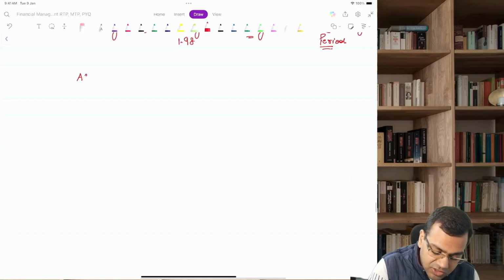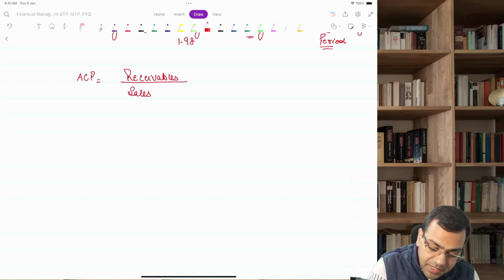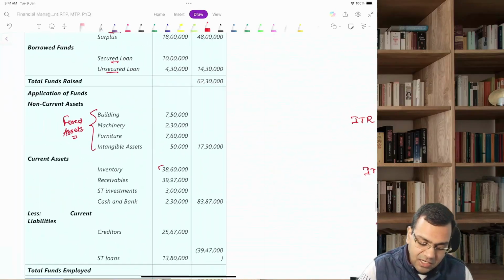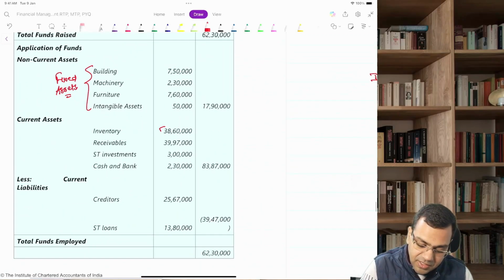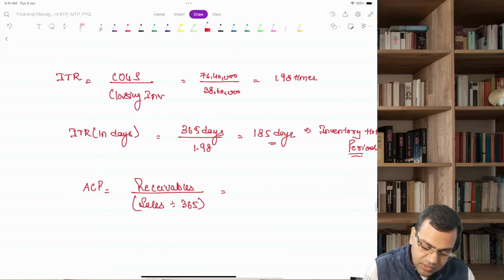The average collection period. How do you calculate the average collection period? That is receivables, the closing receivables here, divided by sales per day, divided by 365, right? So the value of closing receivables is given, that is 39 lakh 97,000.